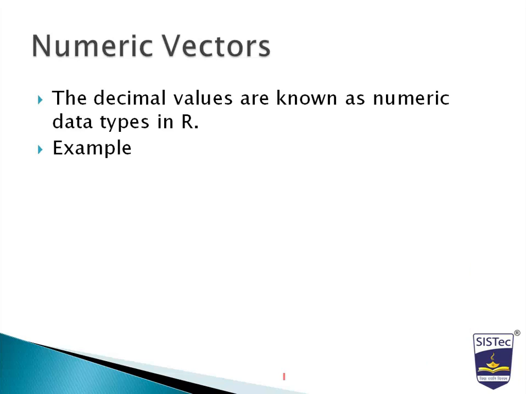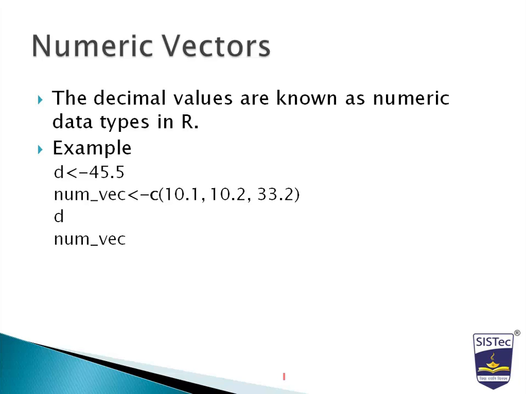Decimal values are known as the numeric data type in our programming language. Here is a simple program to demonstrate the numeric vector. We have created a variable d that stores the value 45.5. Then we create another number vector variable with the c function and put in the values.